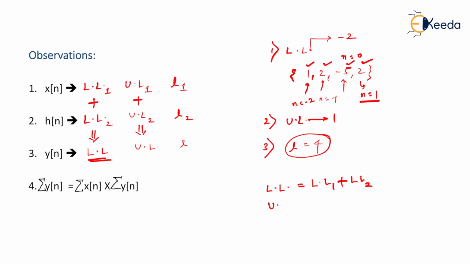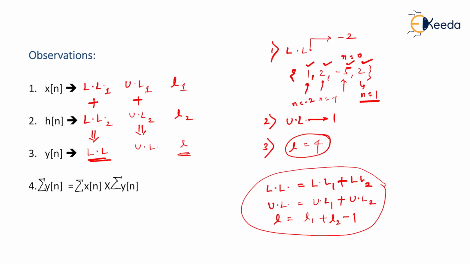So I can write that the upper limit for y of n is the upper limit for x of n plus the upper limit for h of n. Very simple. If you want to get the length of sequence in y of n, then L is simply L1 plus L2. The only difference is that it also has minus 1. So we will now see these properties first, and thereafter we'll go for this property. So first property, second property, and third property.